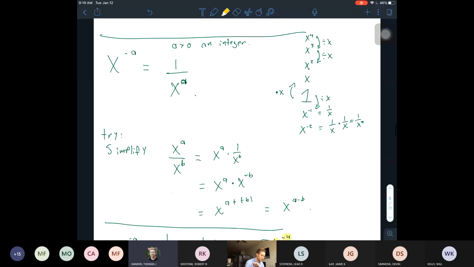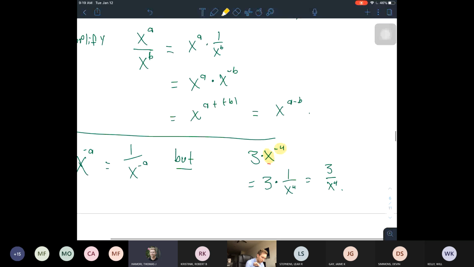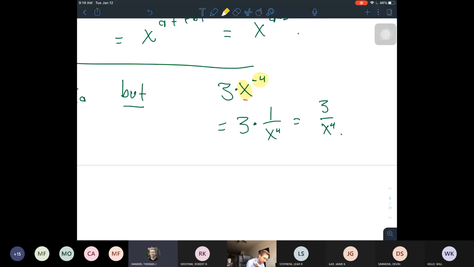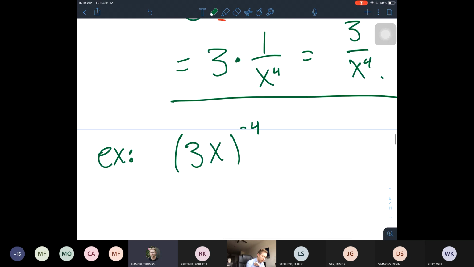Thank you for asking that question, because I had almost forgotten about remembering this. There's one other case in which the 3 in 3x to the negative 4 would travel to the bottom. And that's if we had parentheses around the entire thing. In this case, the negative 4 power does apply to both the 3 and the x, and this would be equal to 1 over 3x to the power 4.